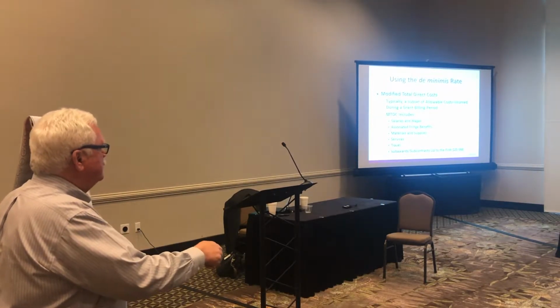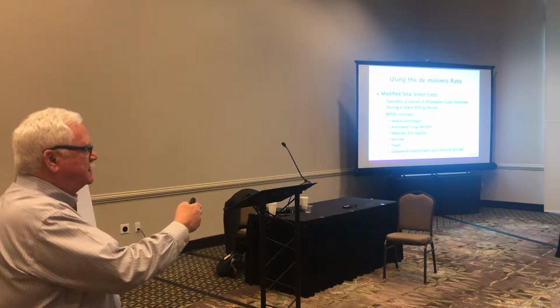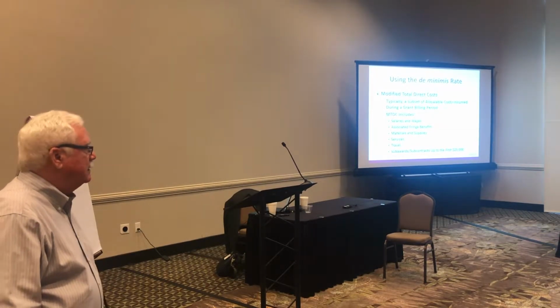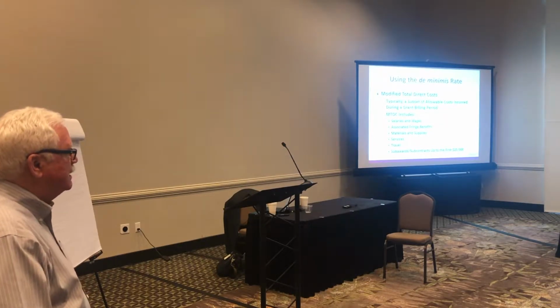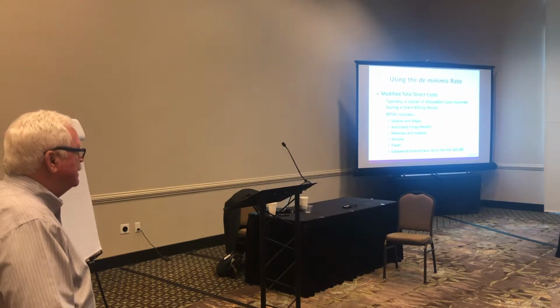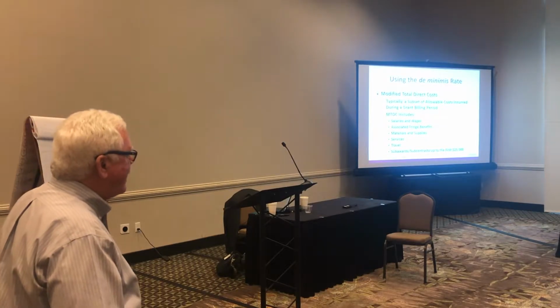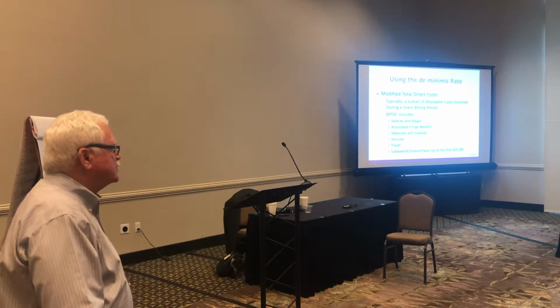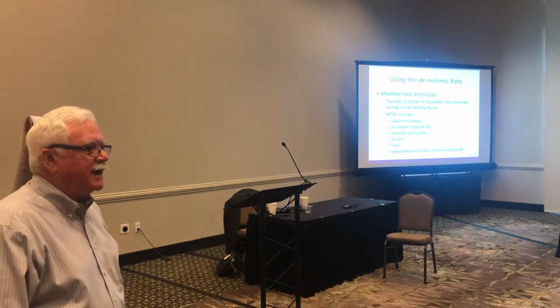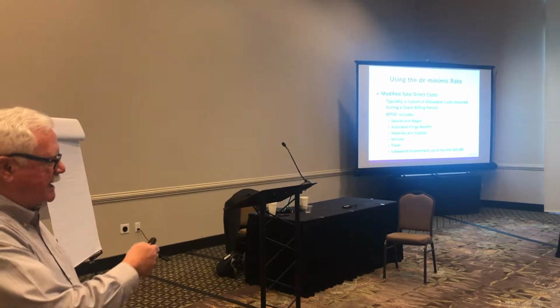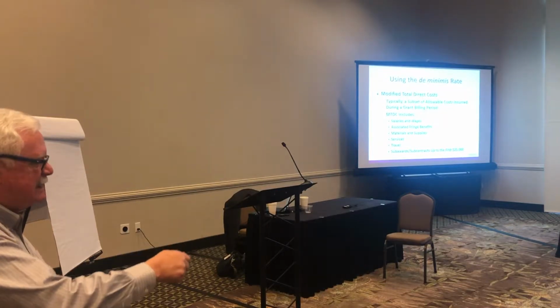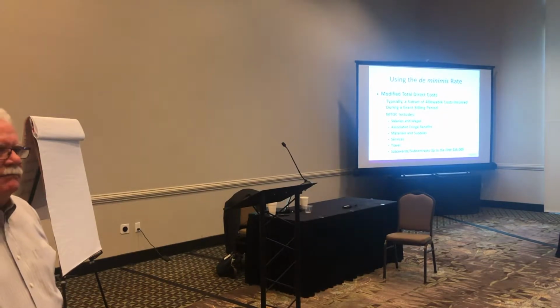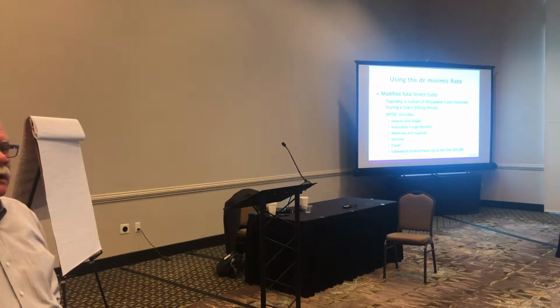And I just wanted to review again, in the computation of the de minimis rate, it includes salaries and wages, fringe benefits, materials and supplies, services, travel, and subawards or subcontracts up to the first 25K. And it's the calculation of MTDC that is what people seem to be getting wrong.